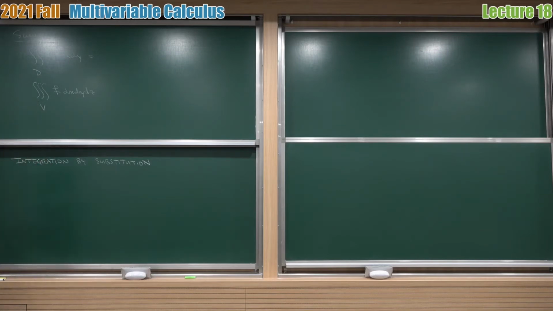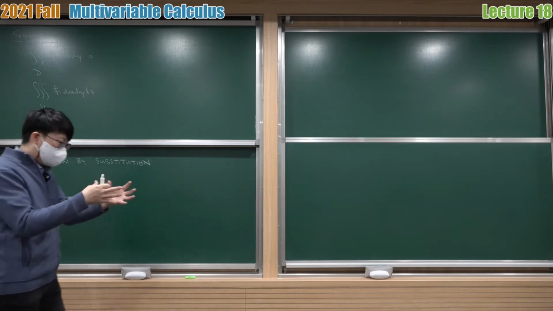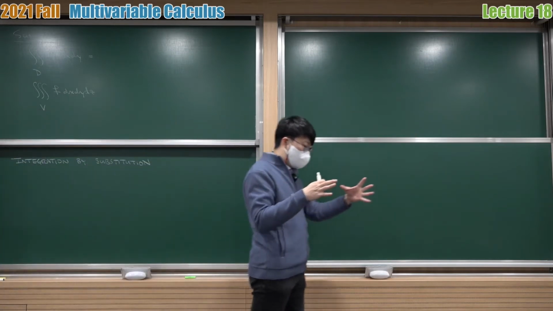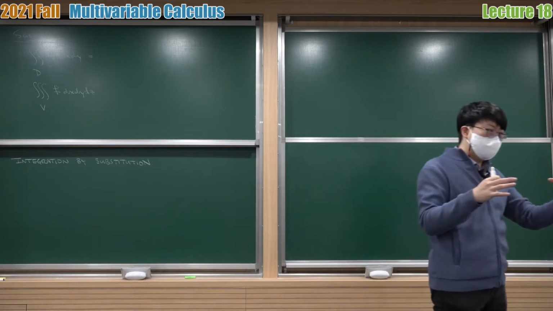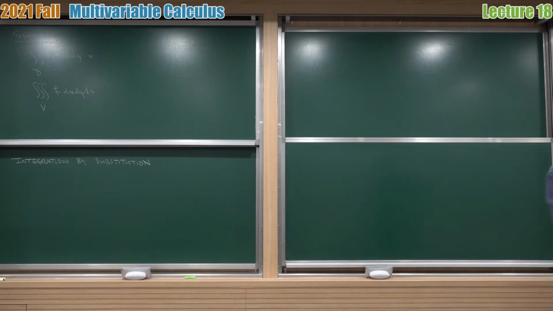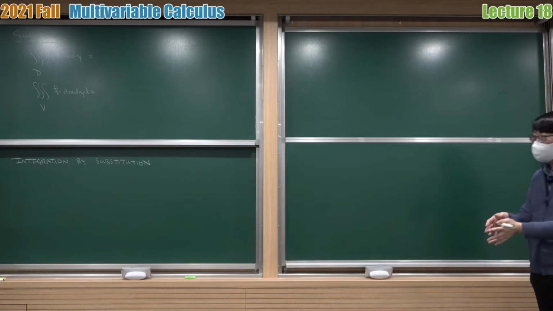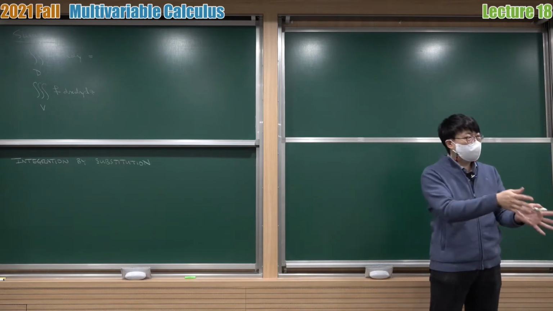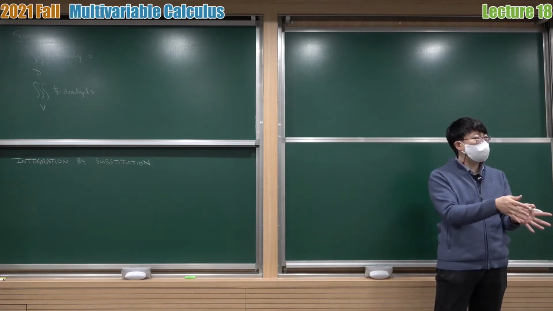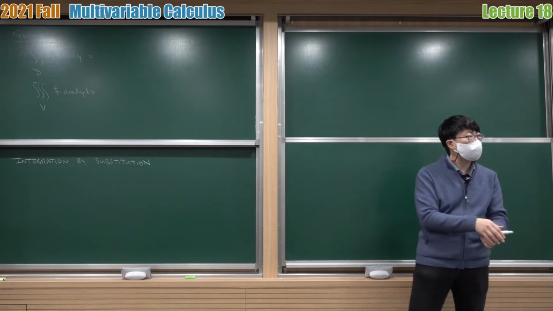But even if the domain is given in a nice way, if you have a formula which is very complicated to compute, you have to change your variables, or more specifically, substitute your variable with a new variable to make your computation easier. That's the idea of integration by substitution for single variable functions, right?